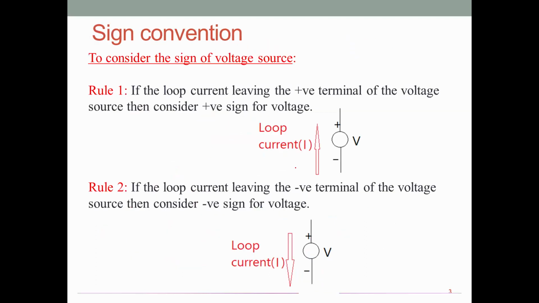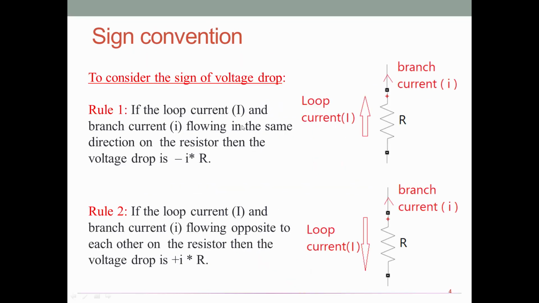Before moving to the rest of the problem, let us quickly have a look at sign convention for voltage source. If your loop current leaving positive of the voltage source, you have to assume positive sign for the voltage. If the loop current leaving negative of the voltage source, you have to consider negative sign for the voltage. Similarly, have a look at the sign convention for voltage drop.